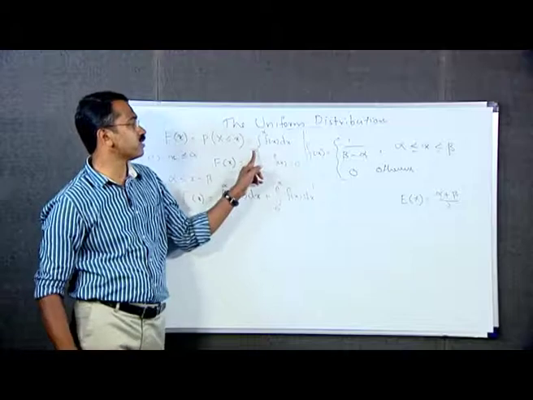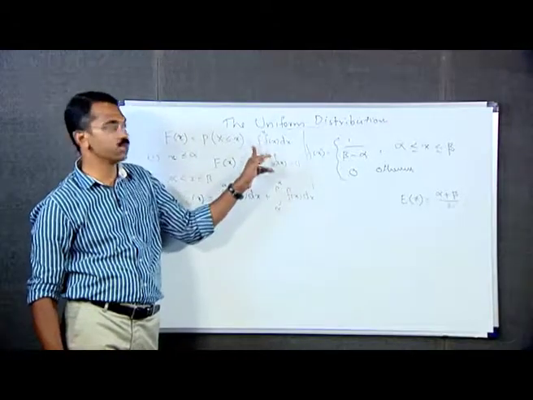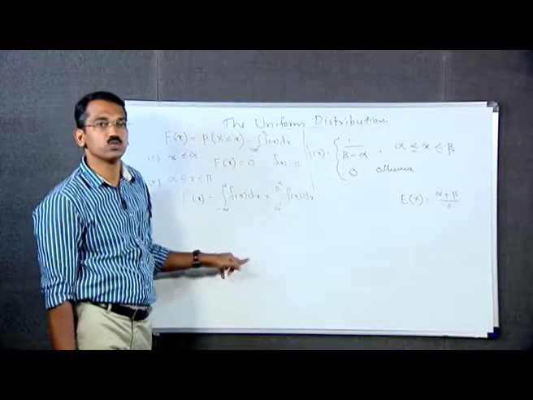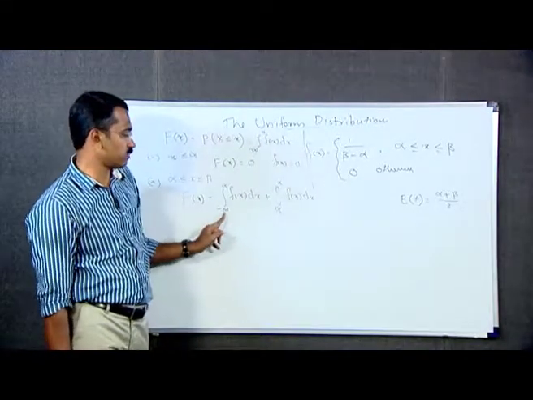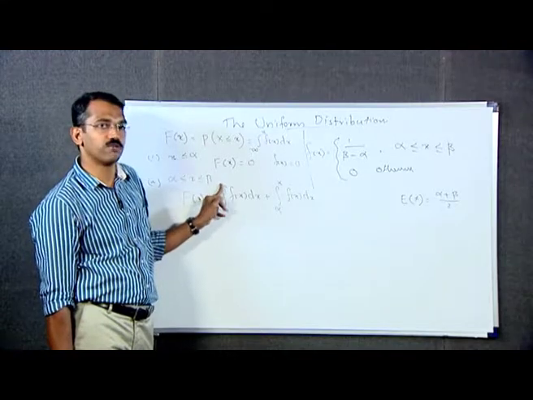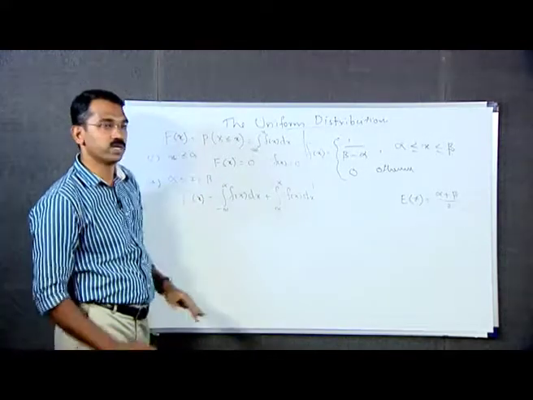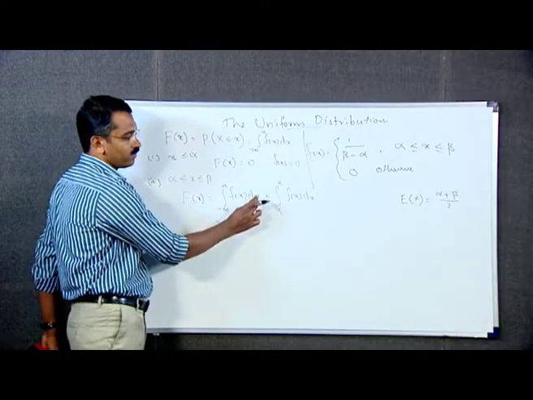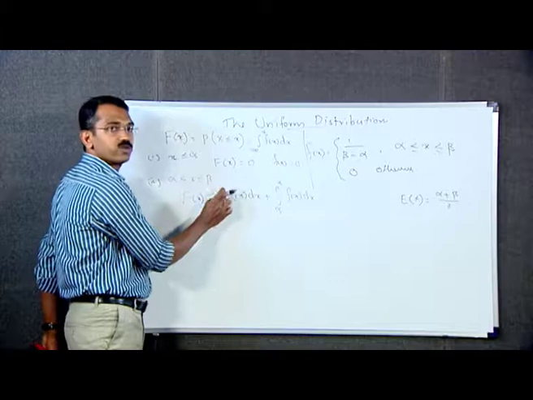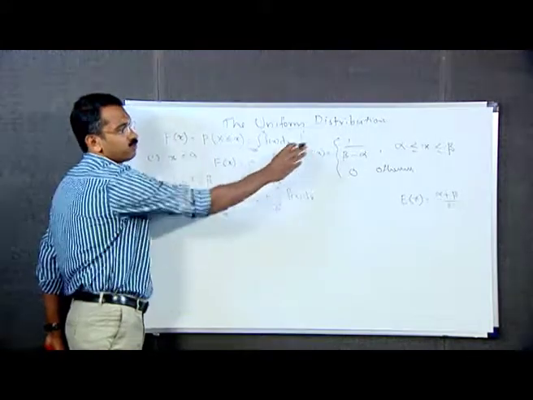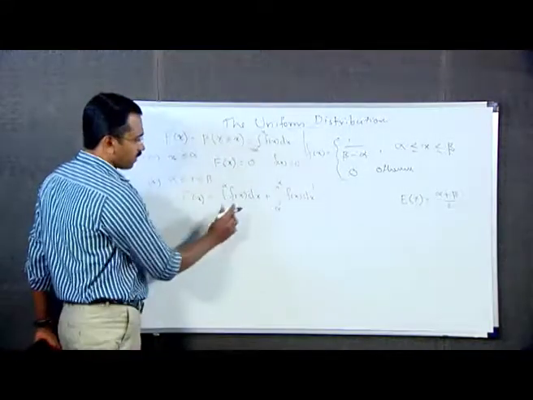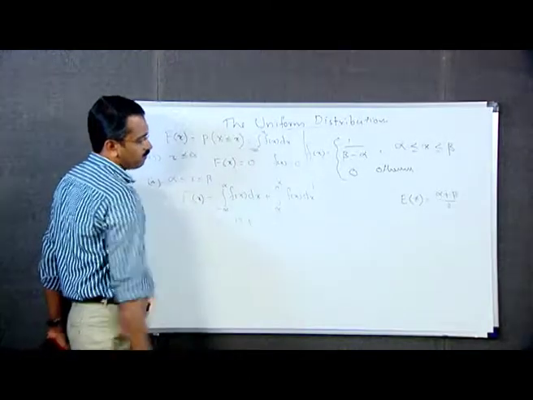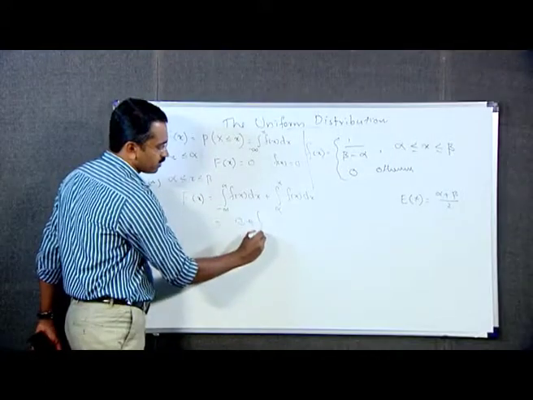This is the definition. The limit is from minus infinity to x. In this case, we can split this limit of integration into two, that is one from minus infinity to alpha and then alpha to x, which is equal to, here x is less than or equal to alpha, in which case the function is defined as 0. Therefore, this term will become 0 plus the integral from alpha to x.